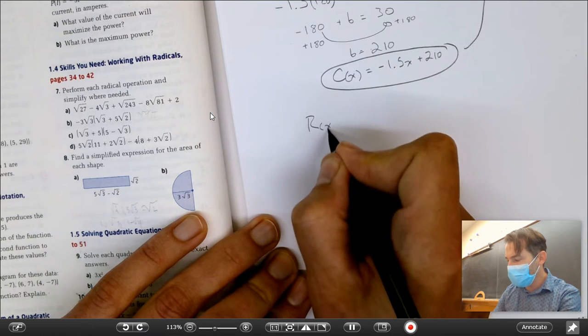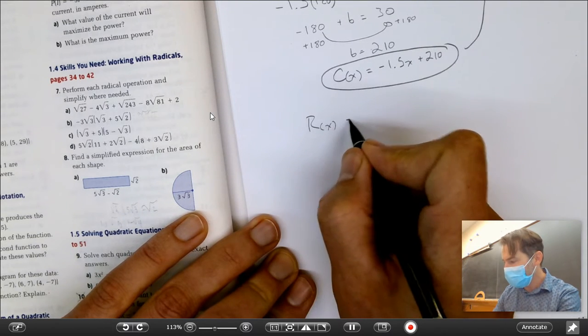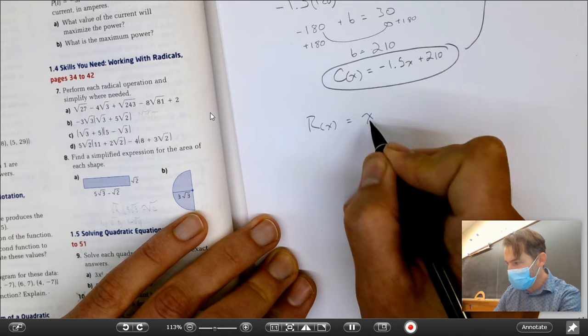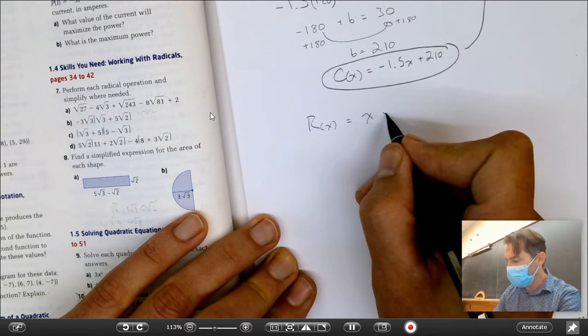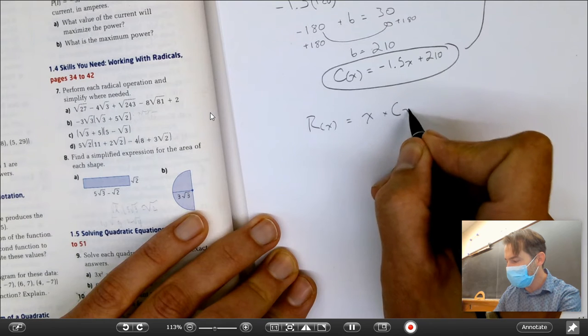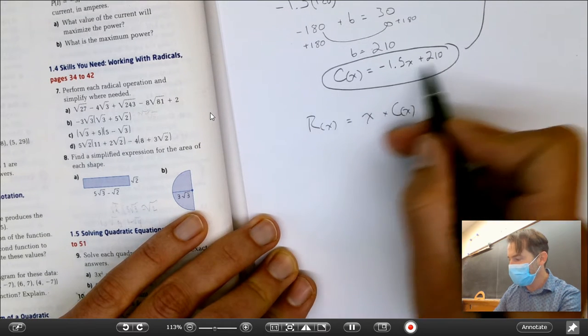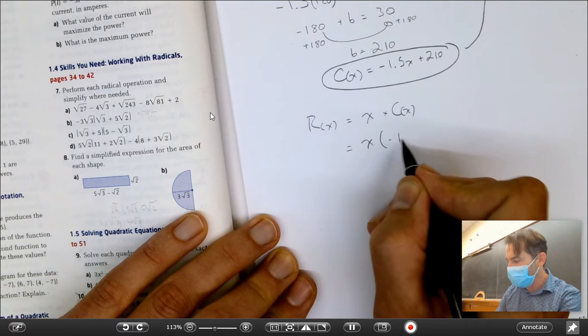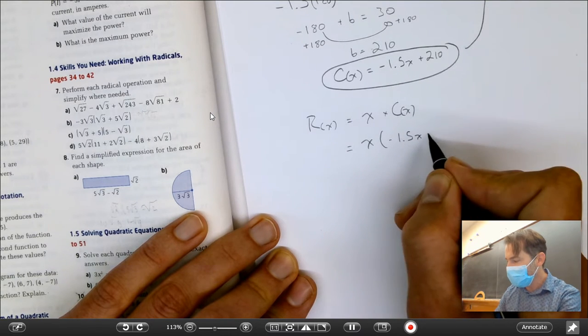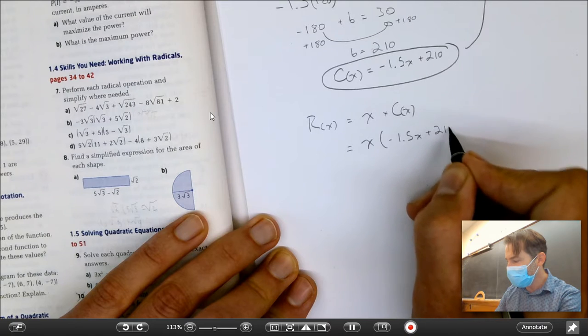Revenue is a function of the number of people that come. It's equal to the number of people that come multiplied by C of x. X times C of x. C of x I can write out. This is equal to x multiplied by negative 1.5x plus 210.